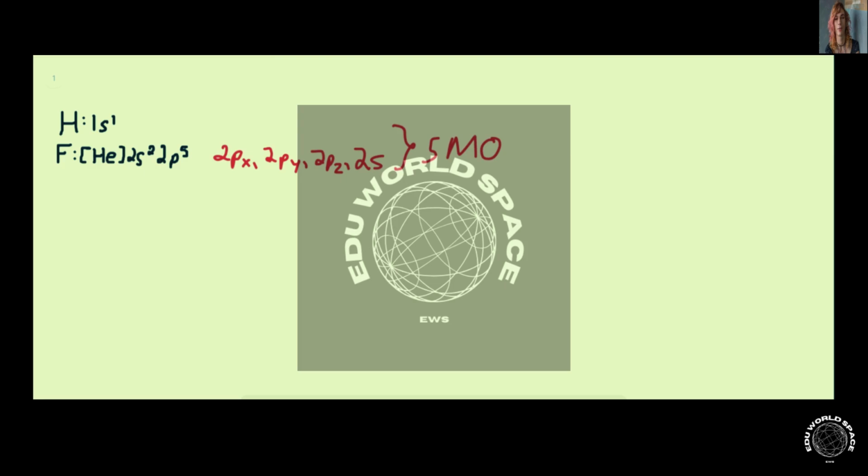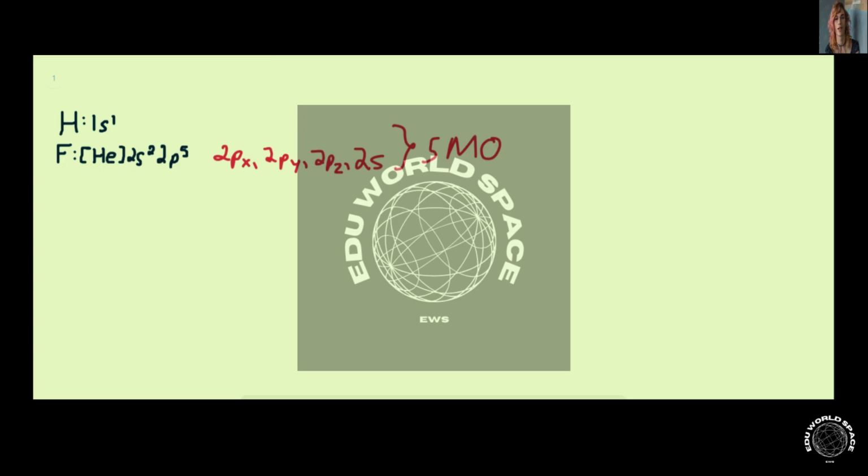Okay, now C. It turns out the difference in energy between the valence atomic orbitals of H and F is so significant that we can neglect the interaction of the 1s of hydrogen and the 2s of fluorine. The 1s orbital will only mix with the 2p orbitals of fluorine.